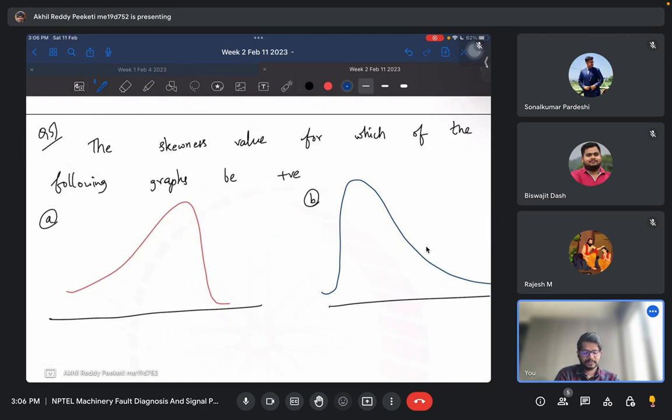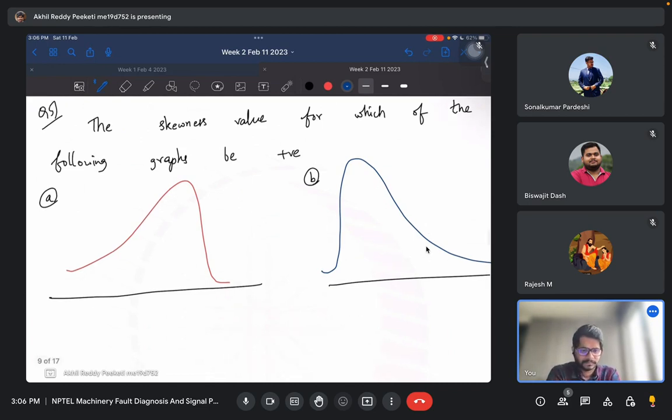Skewness. Does anyone know what skewness represents? Any idea? Okay, so here we have two curves.